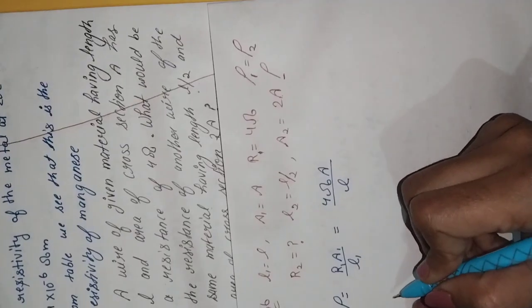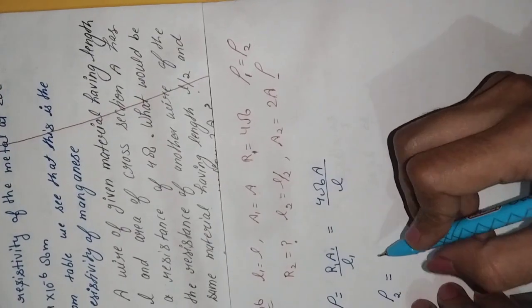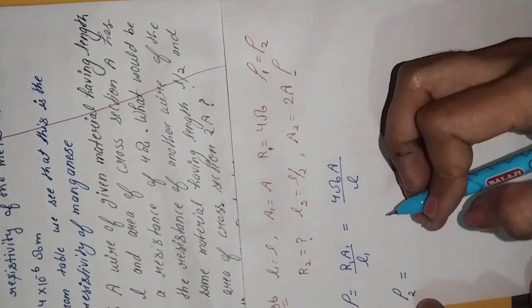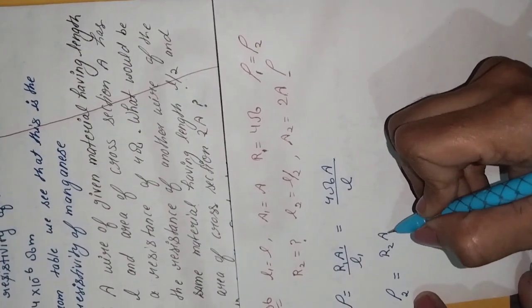Then for rho 2 it will be equal to R2 into A2 divided by L2.